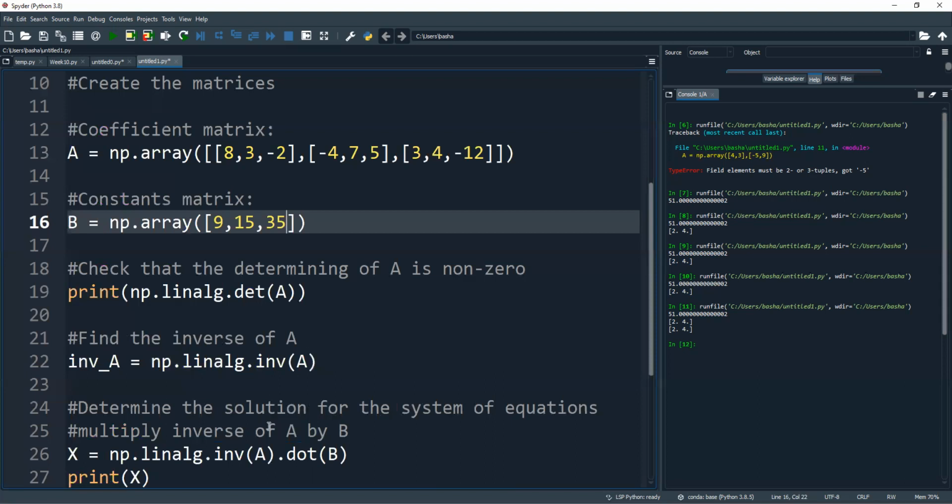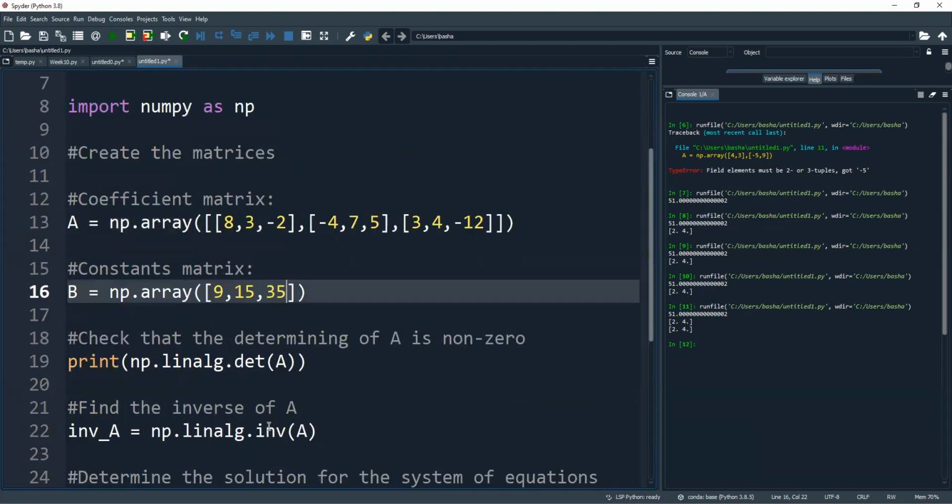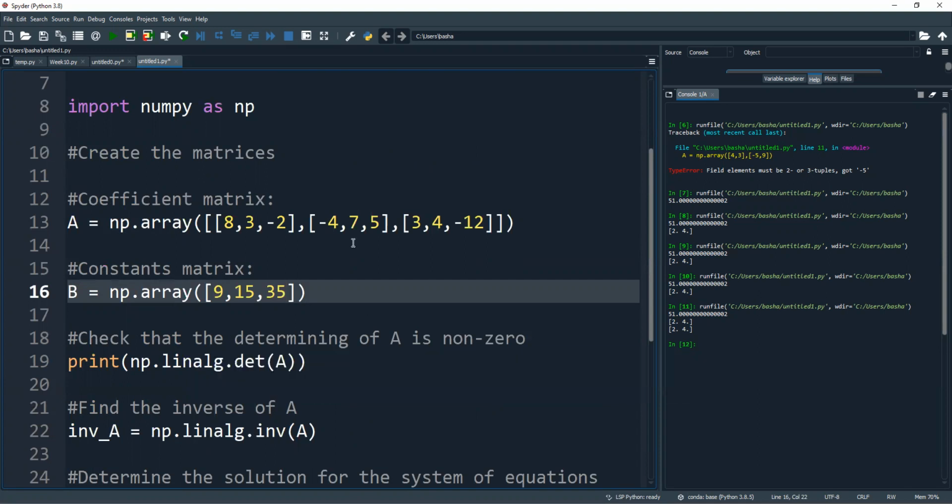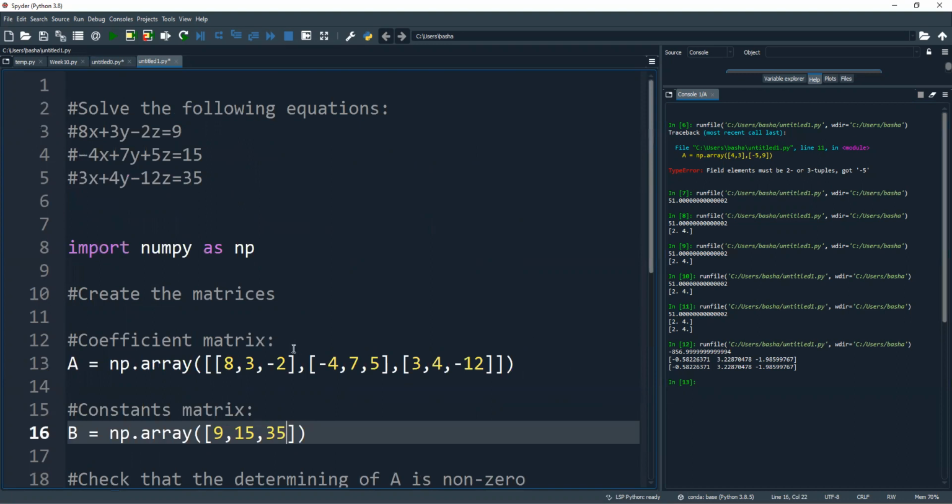And then the rest of these will not change, right? You just change your coefficient matrix, just change your constant matrix. That's why doing it in Python makes it easy to generalize the process. You can determine the solution very quickly. And if you run it, you're going to get the solution right here. And this is the solution for these three systems of equations, right?